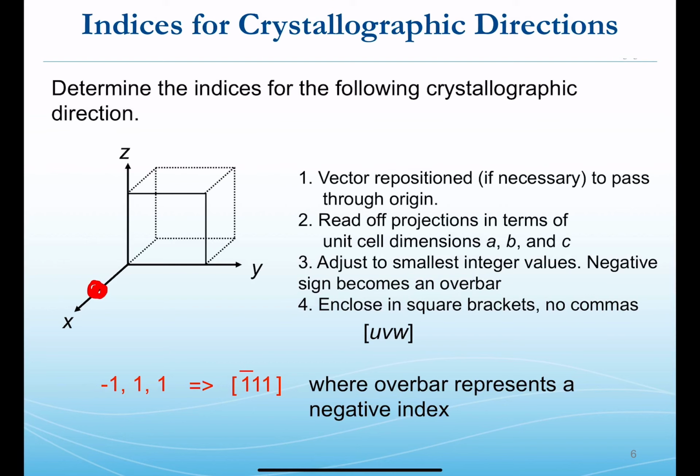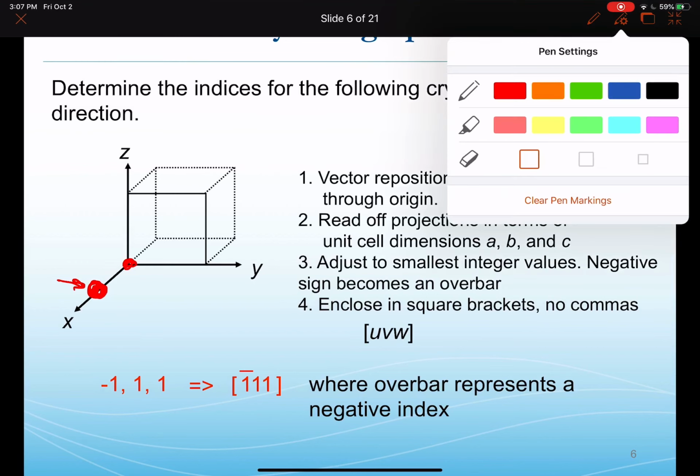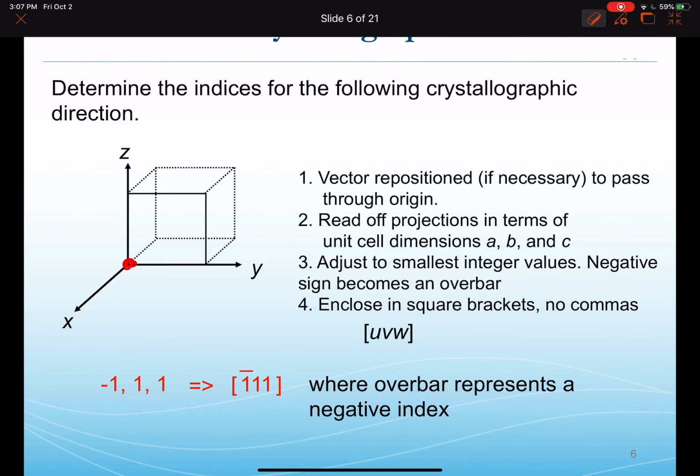Our arrowhead formally started here, but now you'll see by translating, we're going to position that there. So our vector starts now at the origin, and that means we would walk away to the furthest opposite corner in that cube, and we're ready to begin the process.